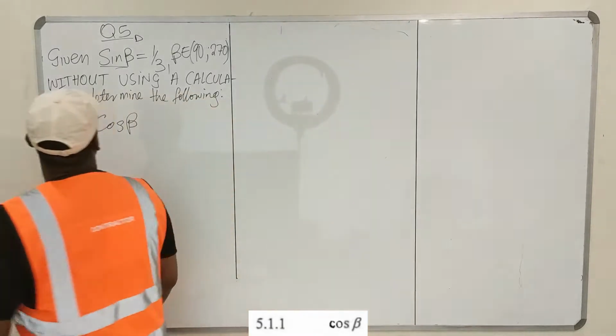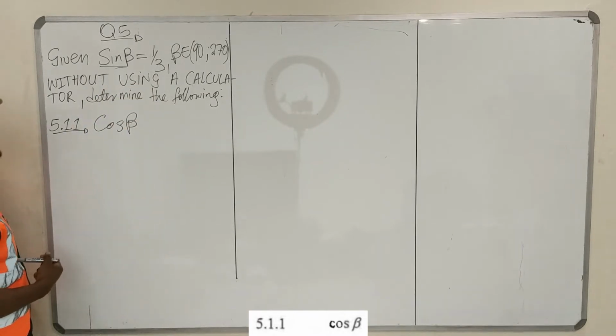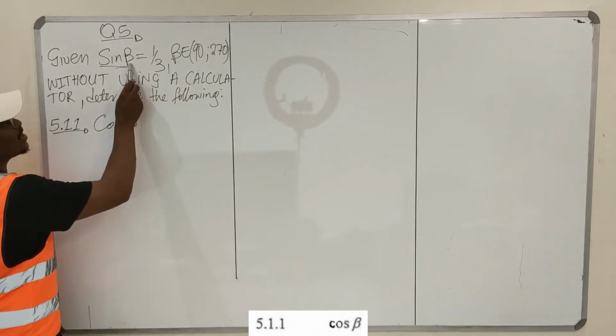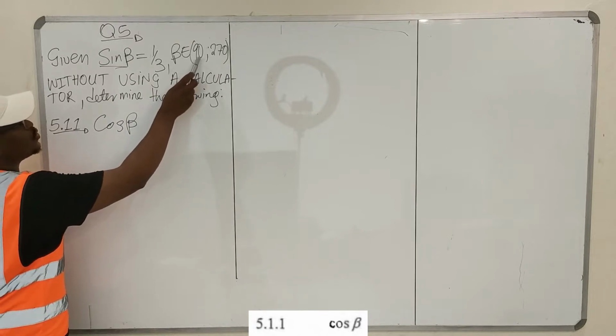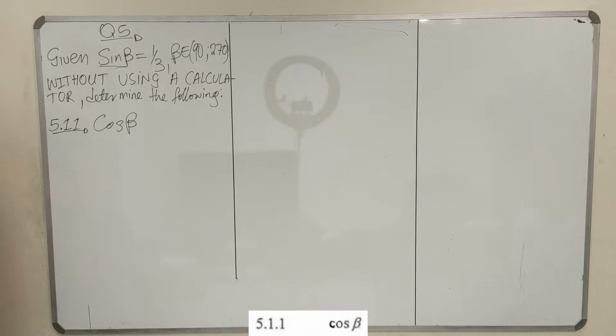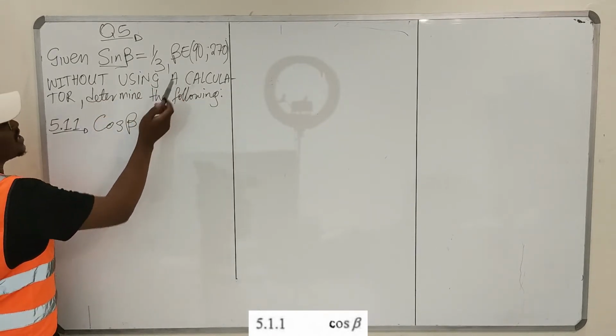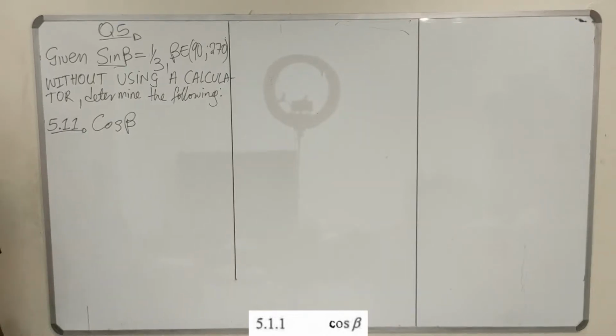Okay, so you are given that sine beta is equal to 1 over 3, right? And you're told that your angle beta is between 90 and 270.